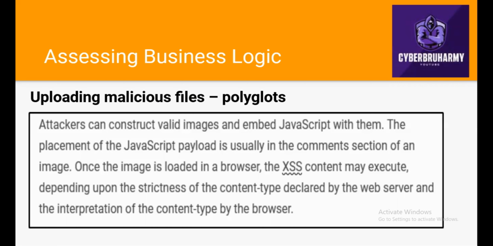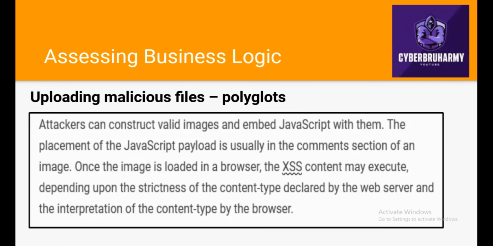So for example, an attacker can construct a valid image and embed it with JavaScript. Then the placement of the JavaScript payload is usually the comment section of the image. So once the image is loaded into the browser, XSS content may be executed.